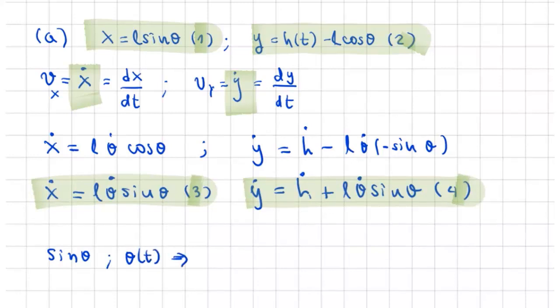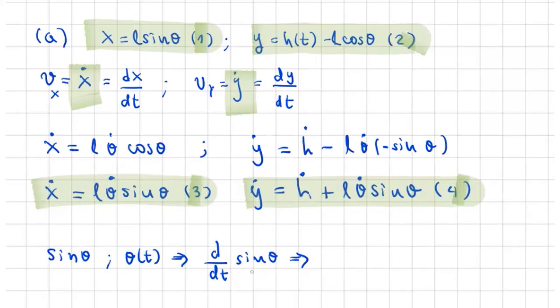If you want to calculate the derivative with respect to time of sine of theta, you have to take the derivative of the outer function evaluated at the inner function times the derivative of the inner function. The derivative of the outer function would be sine of theta.